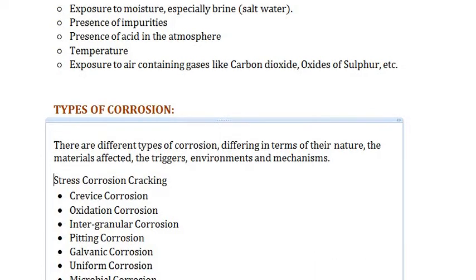Then there's uniform corrosion, and it's actually one of the most common forms of corrosion, which is depicted by the sample I showed earlier of a flat sheet of metal that is corroded on the surface. So an attack on the surface of the metal is executed by the atmosphere.